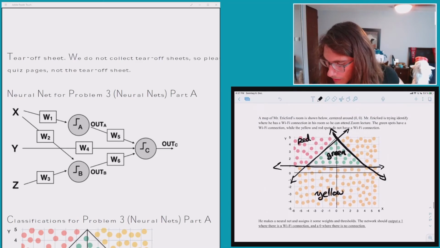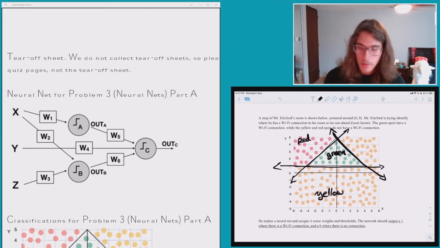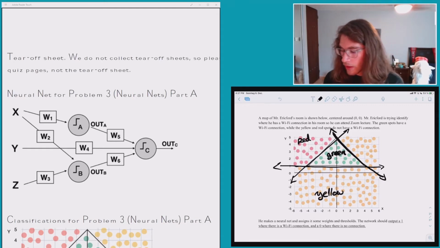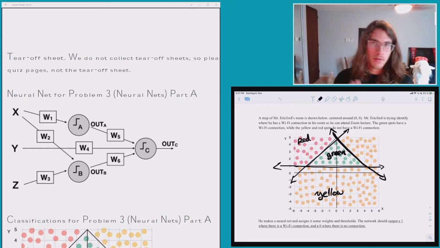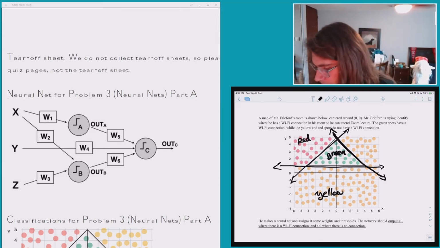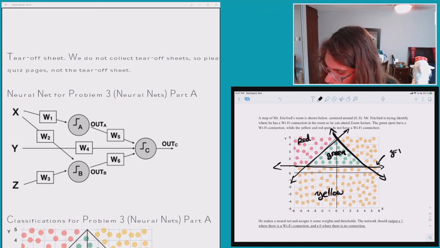So that's how I'm thinking about this problem. Now I'm going to write the equations of the lines, not necessarily dealing with the thresholds just yet. The equation of this line is y equals 1. This line has a negative slope, and actually the slope is -1, so that's convenient.